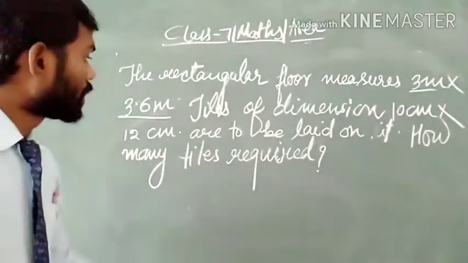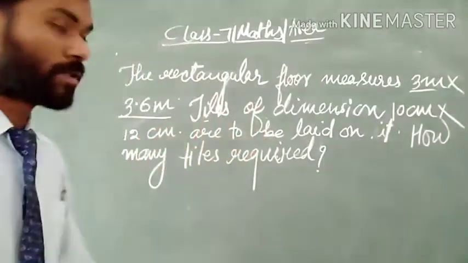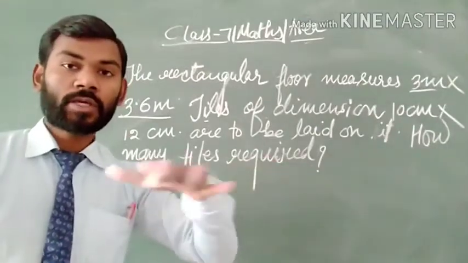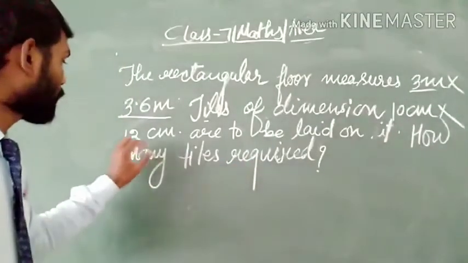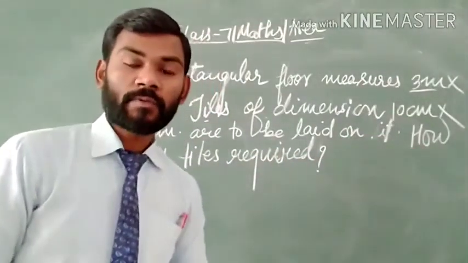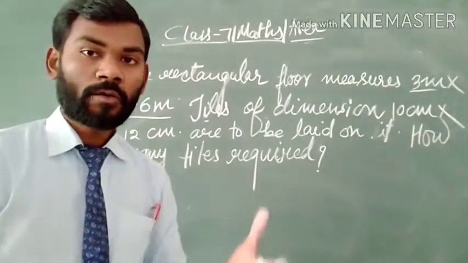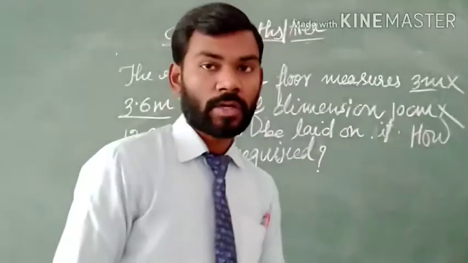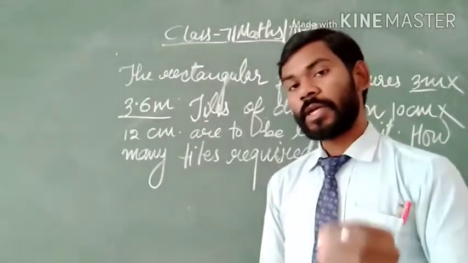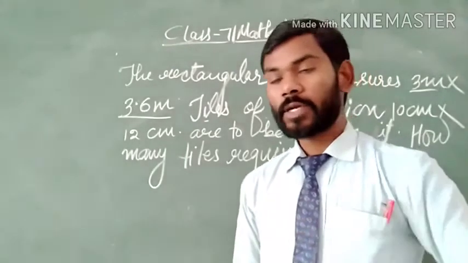The second is tiles of dimension 10 centimeter and 12 centimeter. The tiles to be laid on the floor are 12 centimeter long and 10 centimeter wide. Then we have to find the total number of tiles that can completely cover the floor.